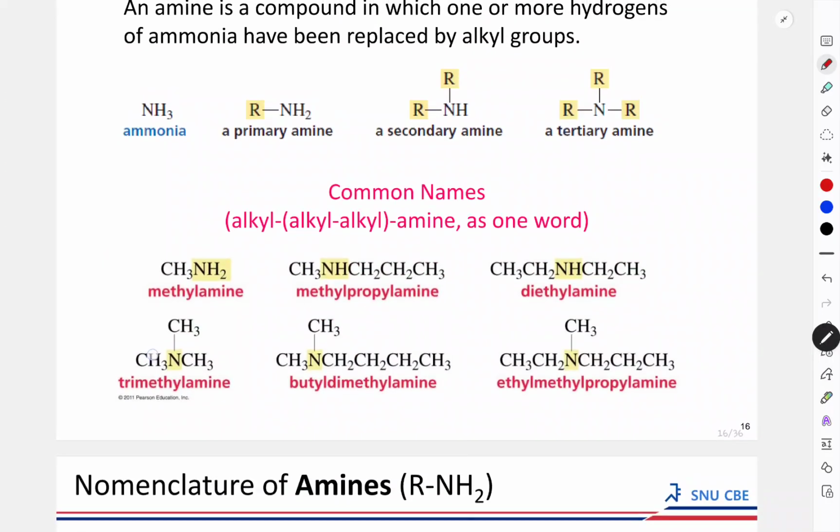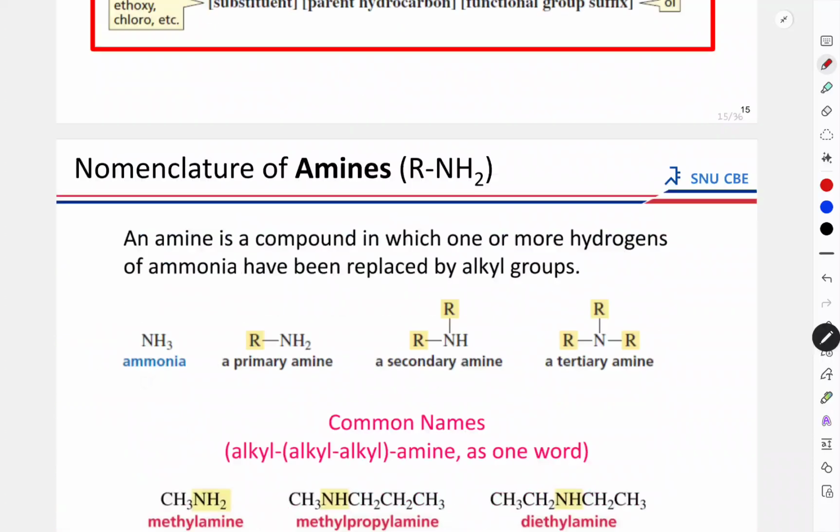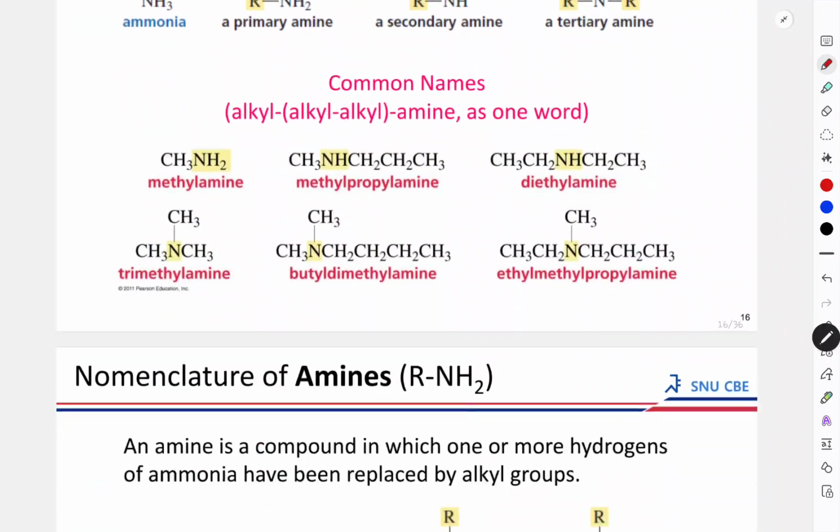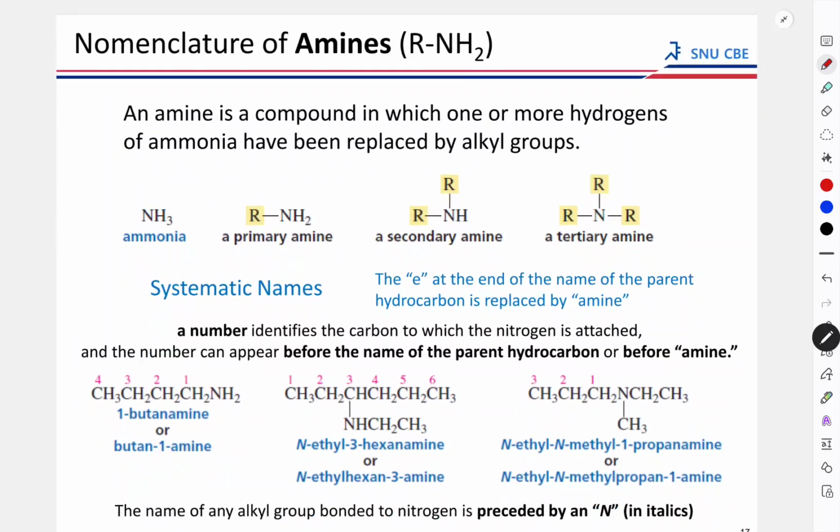And then you switch E with amine to finalize. So at the end, we're going to have italic capital N-ethyl-3-hexanamine. Or you can put the number 3, the position of the carbon attached to the nitrogen, just in front of amine.